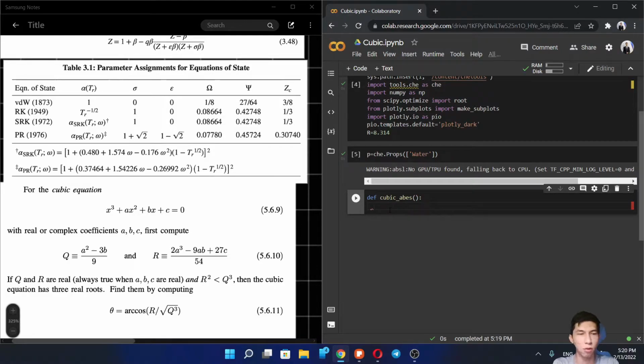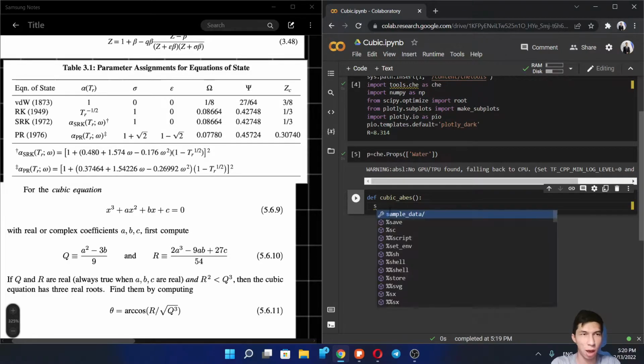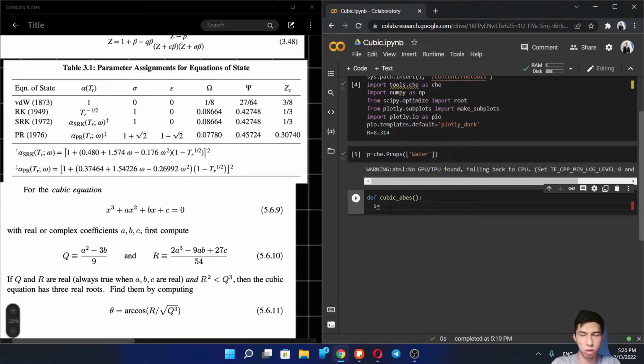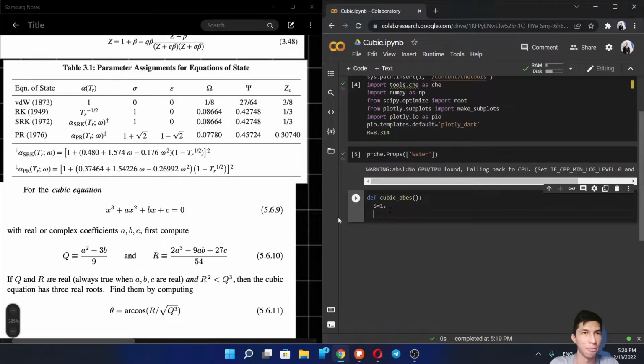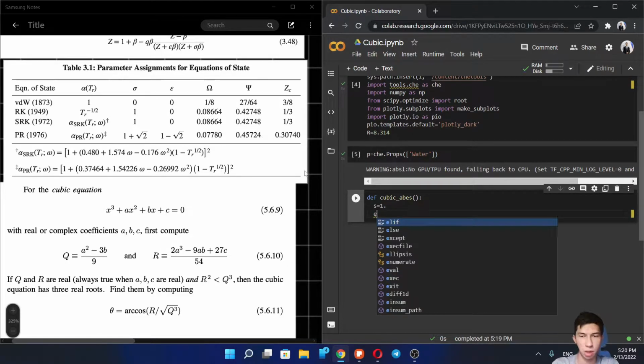So our value for sigma is going to be equal to 1, right? And our value for epsilon is going to be equal to 0.